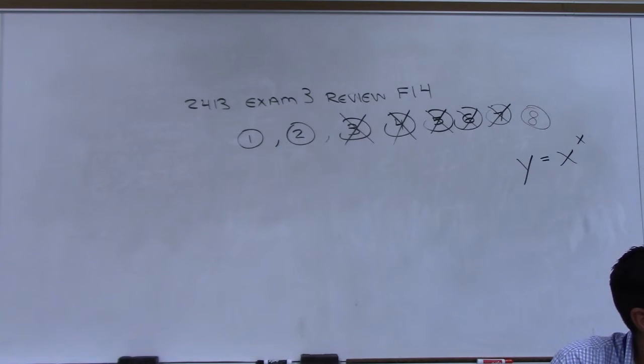Number 21, 22, 23, 24. Those are all implicit differentiation. And then the solutions for that review are up there also. So you've got it all there.